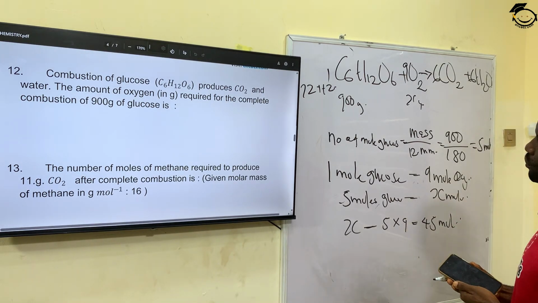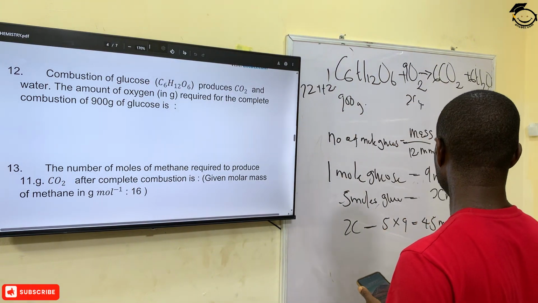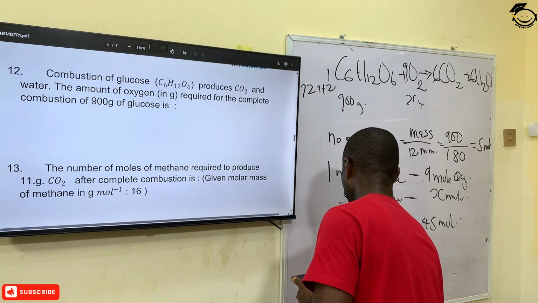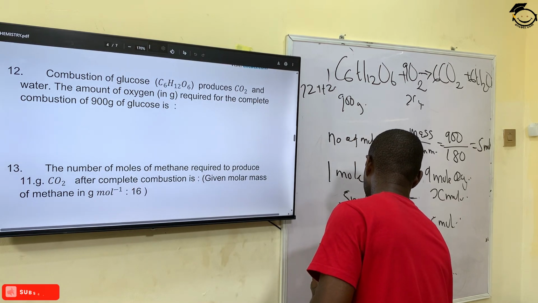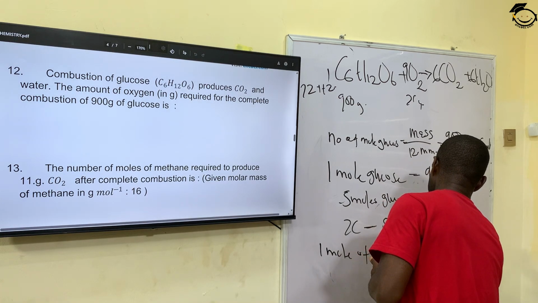So, to find the amount of oxygen in gram, 1 mole of oxygen gas equals 32 grams.